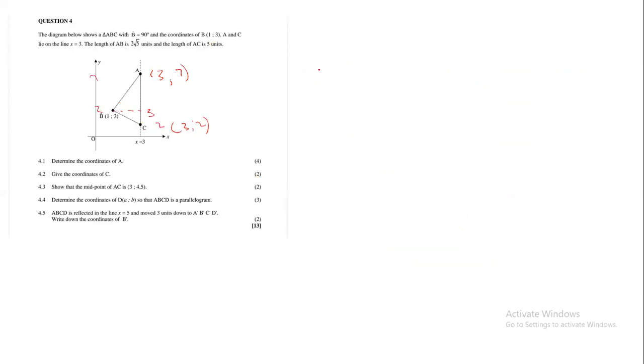But if you feel like this is difficult, do it, it's fine. So you're going to say 4.2 to determine it. Remember here it's 5 units. AC was given. So you're going to use the distance formula. You're going to say AC squared is equal to x of A minus x of C to the power of 2 plus y of A minus y of C to the power of 2. Therefore, what is the magnitude of AC? It's given to be 5 to the power of 2.